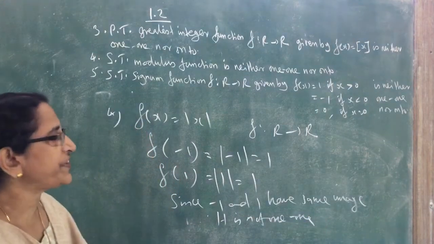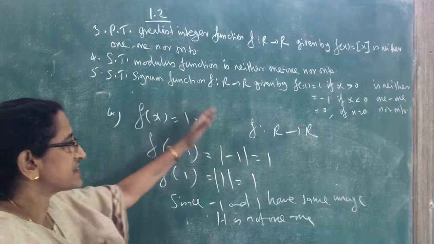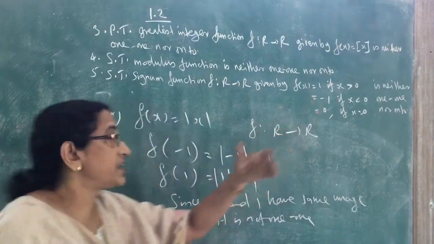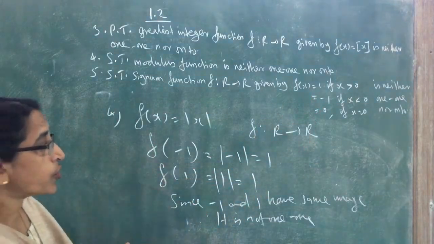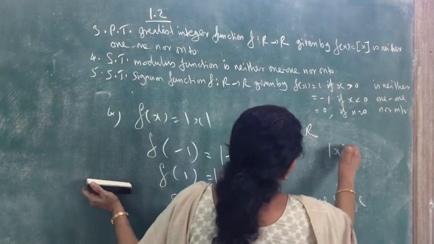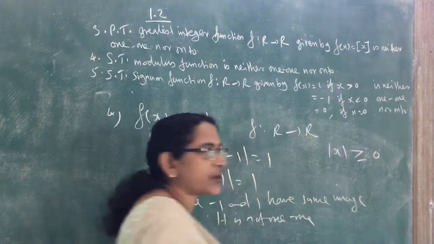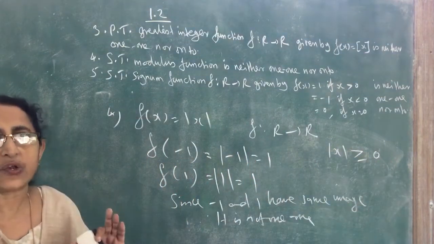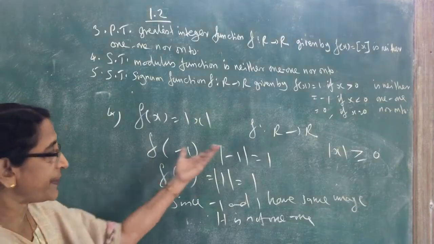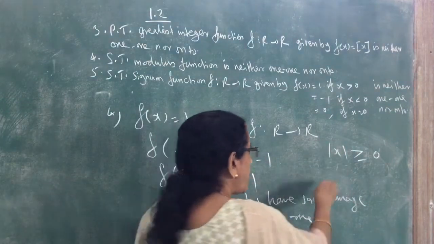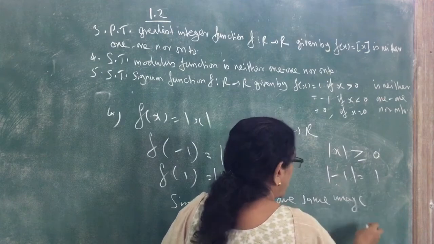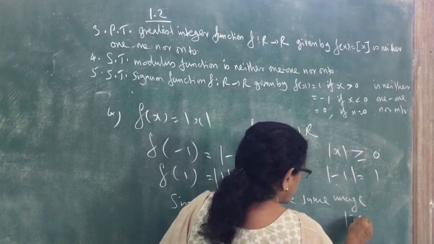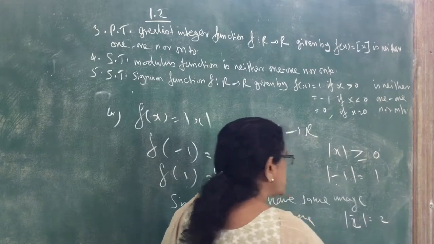Similarly, how can we prove it is not onto? If you consider the other real numbers, we know modulus x is always greater than or equal to 0. Modulus means the absolute value of x. So whatever the number, modulus of negative 1 is 1, and modulus of negative 2 is 2.